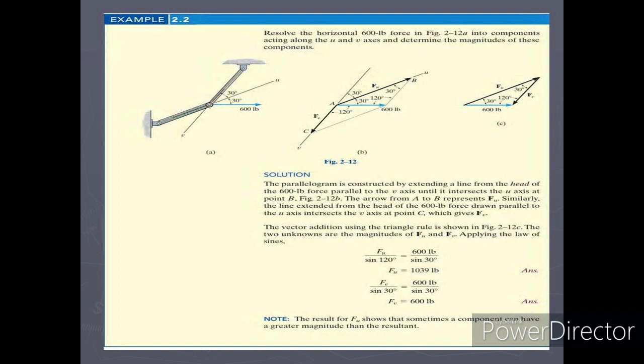We found the components, FV and FU. Now, this is another one. You see, all we are doing here is just to demonstrate the use of the trigonometric method in finding the resultant vector, which may not be of so much importance, but at least it will make you understand the concept of resultant and how to find it.